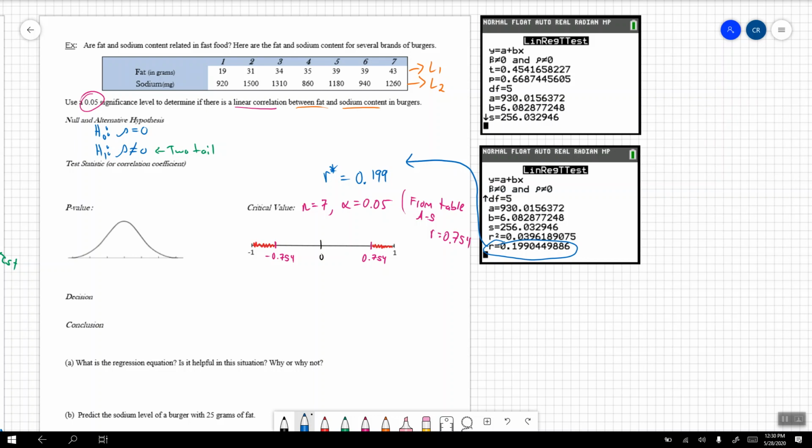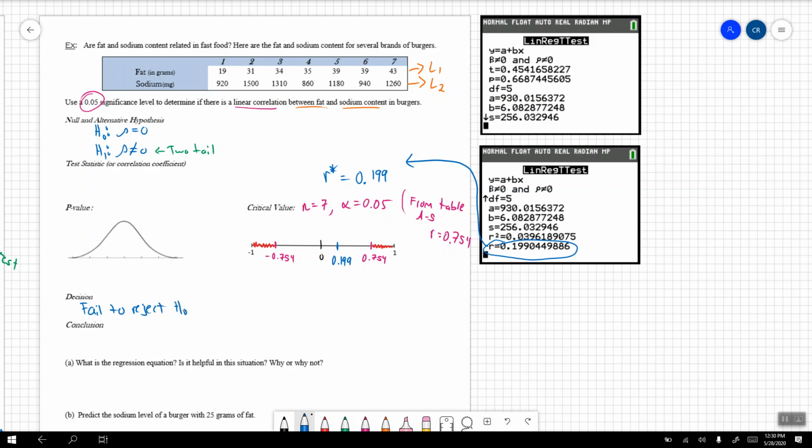If it's 0.199, then 0.199 is somewhere right in here, which means it does not fall within the rejection region, so we must not reject the null hypothesis. This tells me that there's not enough data to support my alternative. So I'm going to say fail to reject the null hypothesis.